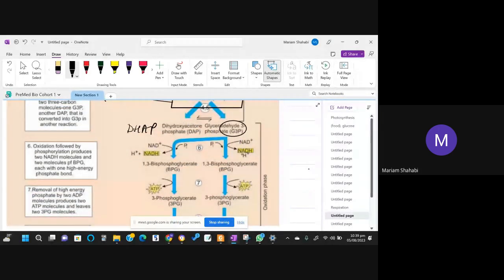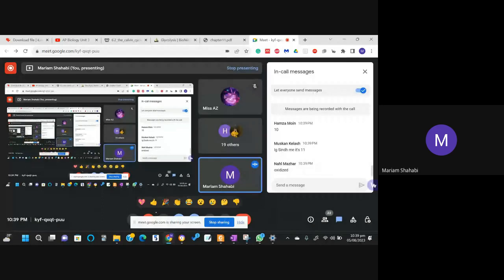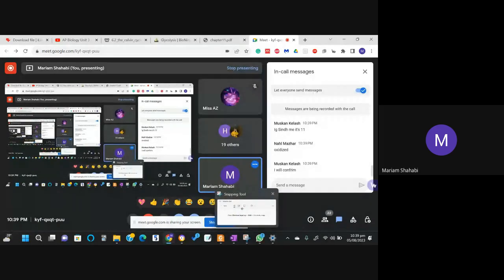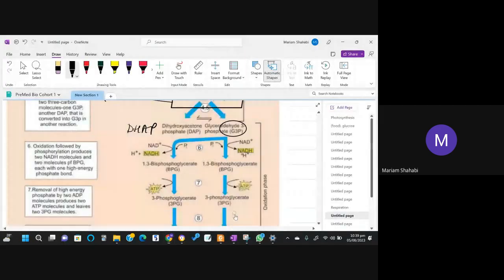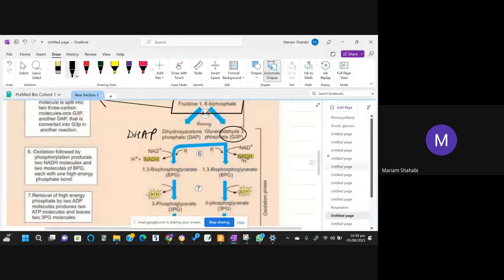So here, is glyceraldehyde 3-phosphate being reduced or is it being oxidized? Oxidized, yes. In Sindh it's 11, then you do 11. Yes, so it is being oxidized because here it will lose its electrons. It will lose electrons and NAD plus will accept them. This is an electron carrier.